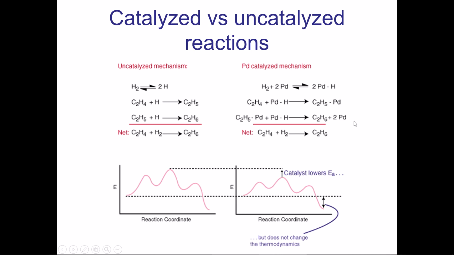So it's not being consumed, it's not being produced, it's not an intermediate, and you'll notice it does not show up in the overall balanced equation either. So from the overall balanced equation, you would not see that a catalyst was used. It's only shown in the mechanism, or sometimes people will write it above the arrow if there's a catalyst.